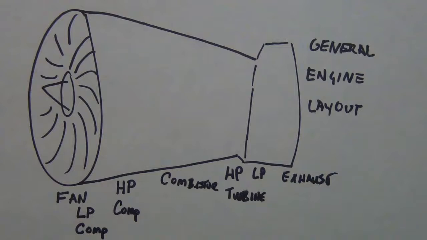Let's go through a little bit of terminology with the fan section. That would be the front part of the engine. There's of course the fan, and in the middle of that, centrally, there's a cone, the front spinner cone that's attached to the rear spinner cone.